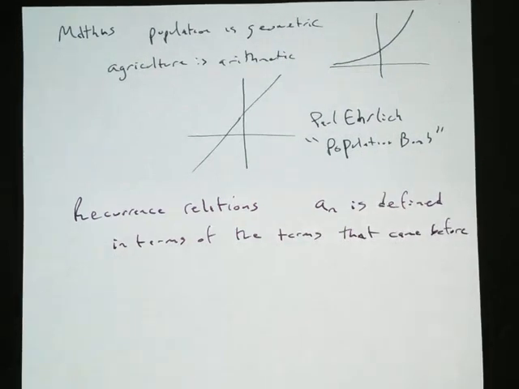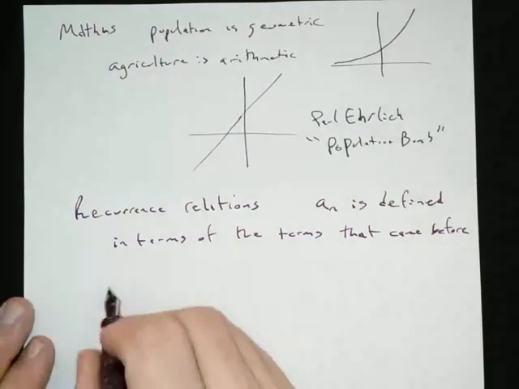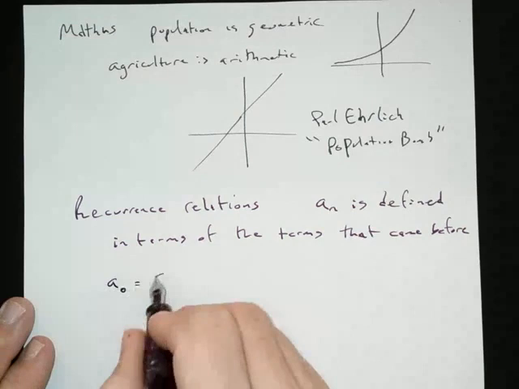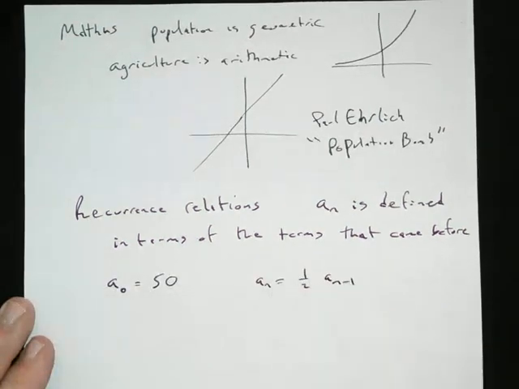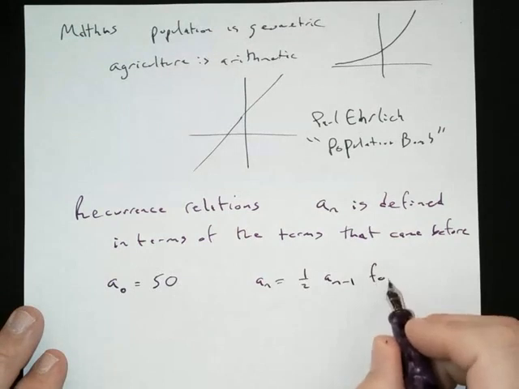So A_n, the nth thing in my sequence, is defined by the numbers that came before it. Our geometric sequence can be defined this way.